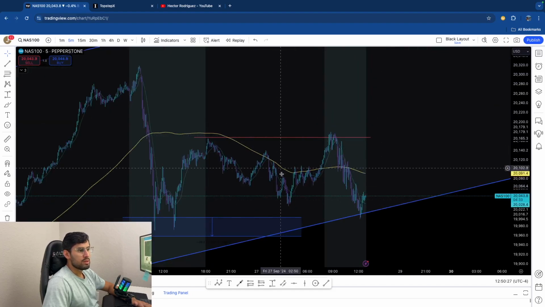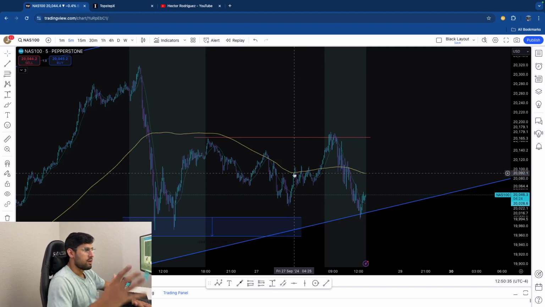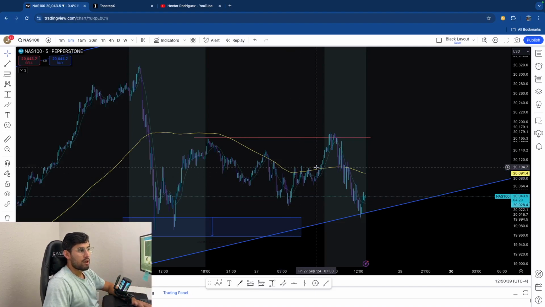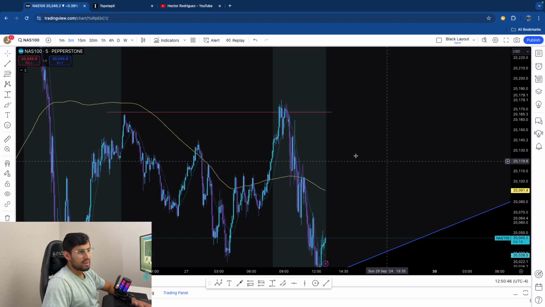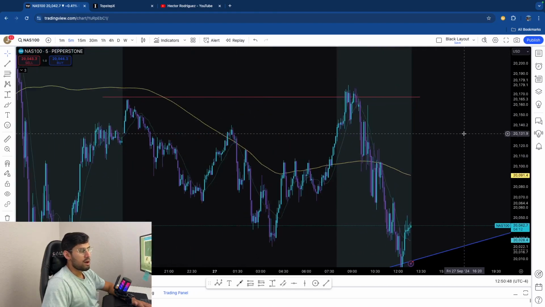We want to see it really inclined. I know that sounds crazy, but it makes a difference, because it shows that the average price of the last 200 days is moving with a lot of momentum to the upside. So the fact that the 200 MA was very flat indicated that if we do take a position, we may not hold it for too long.